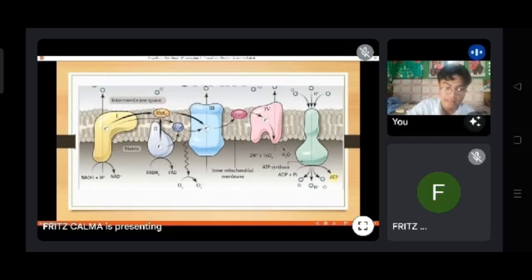And then, si complex 3 magpapump na naman ng hydrogen ions from the matrix papuntang intermembrane space. And then, ipapasa na naman ulit kay cytochrome C. So, ito, si cytochrome C, yung purple. And then, si C will pass it to complex 4.